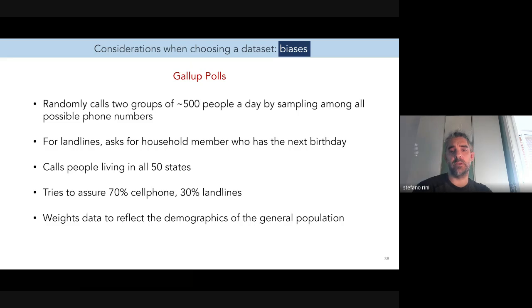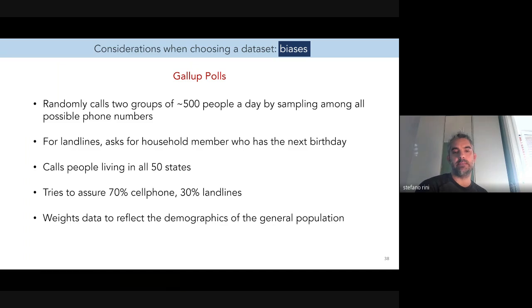So just an example here. You always see these polls that predict, let's say, who will win a certain election, who will vote for what. And in the US, the agency that does this is Gallup. So you can look a little bit into data collection for this type of political prediction, election prediction, and you will see how it's done.